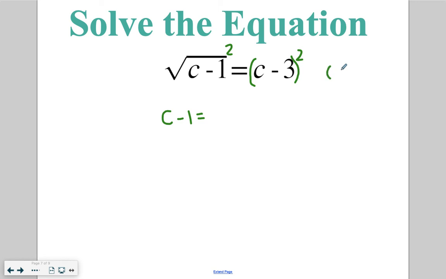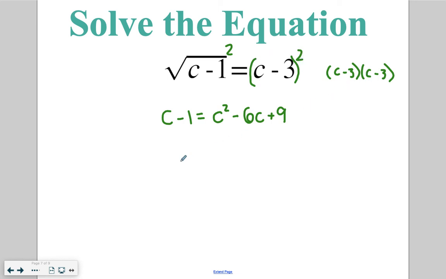So we can either write it out as c minus 3 times c minus 3 and use FOIL, or we can remember our shortcut, which is square the front, so c squared, multiply c times negative 3, which is negative 3c, double that to get negative 6c, and then square negative 3, which is going to give us positive 9.